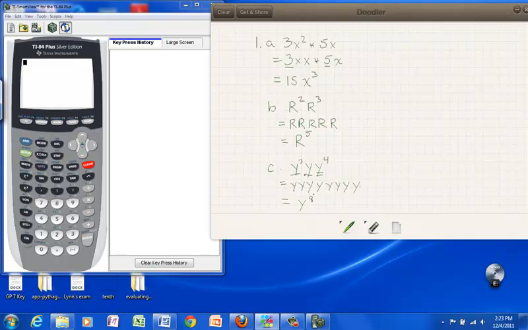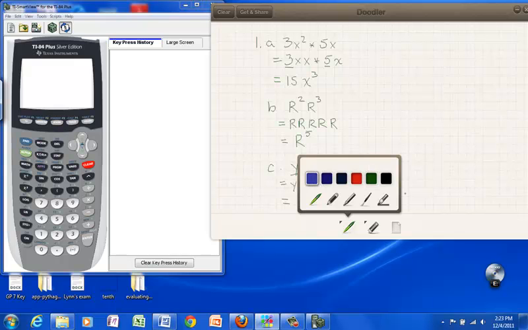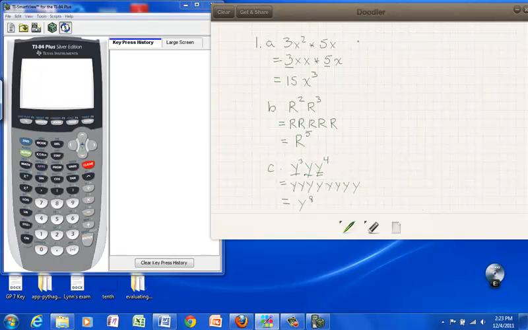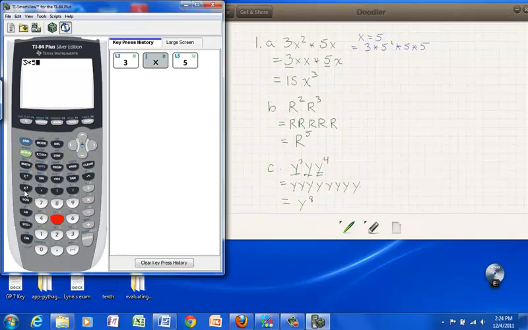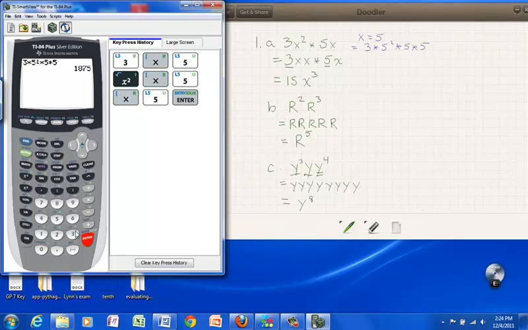Now I feel pretty confident with all of those answers, but the directions did say to do numerical substitution. So let's go back and let x equal 5. Then this original expression is 1,875.